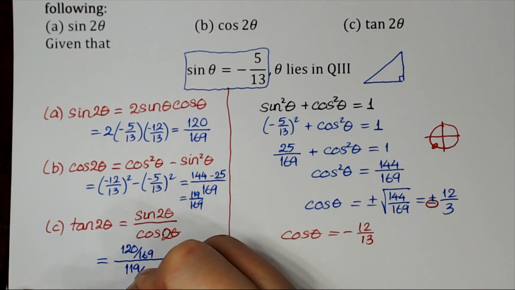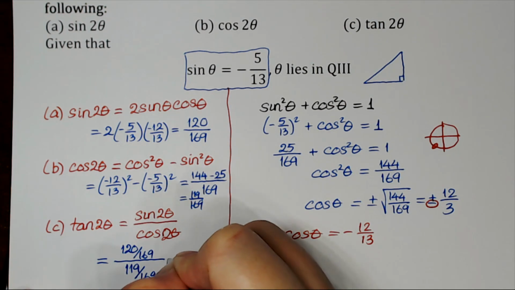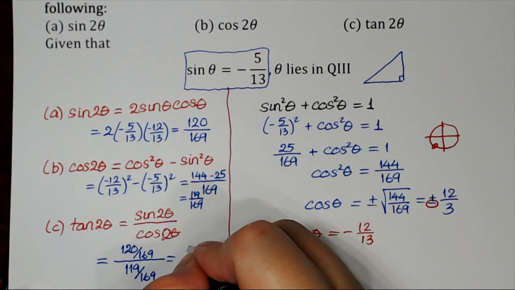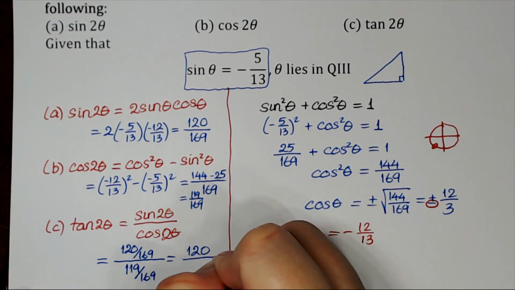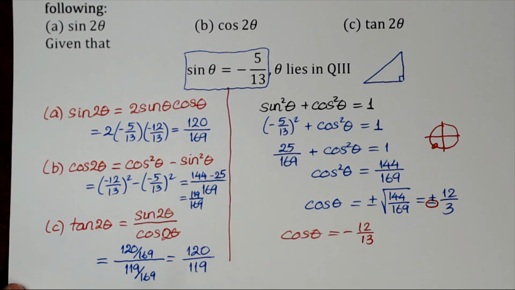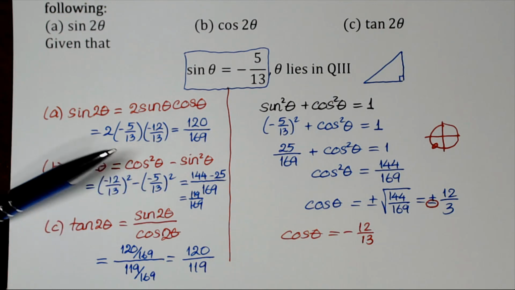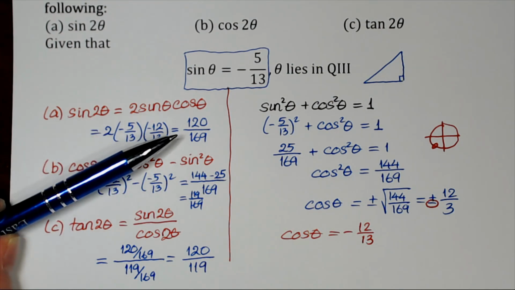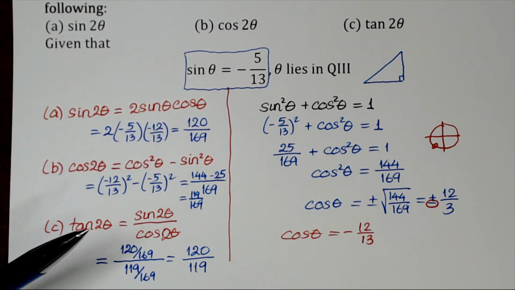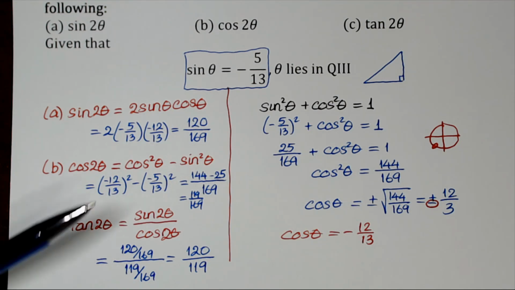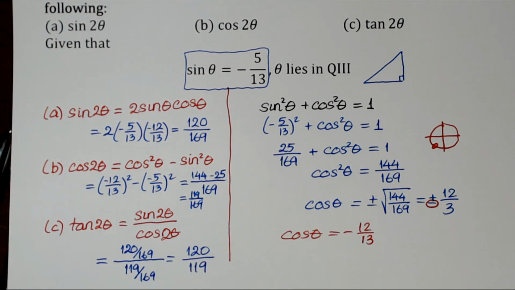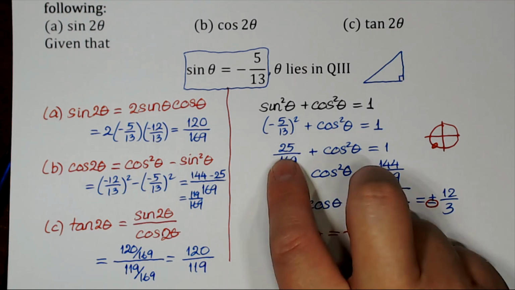And that will be 25 over 169 plus cosine square equal to 1. Subtract that on both sides. We have cosine square is equal to 144 over 169.